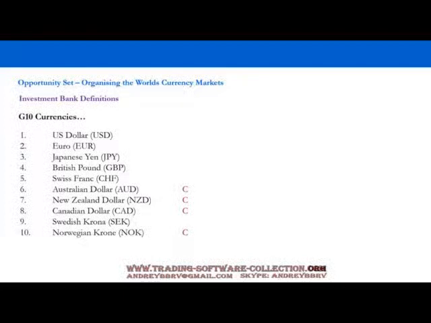And the first thing we look at, for example, is how brokers and investment banks actually define currencies. Because what we want to do is start organizing in a professional trader way and really focus on volatility.